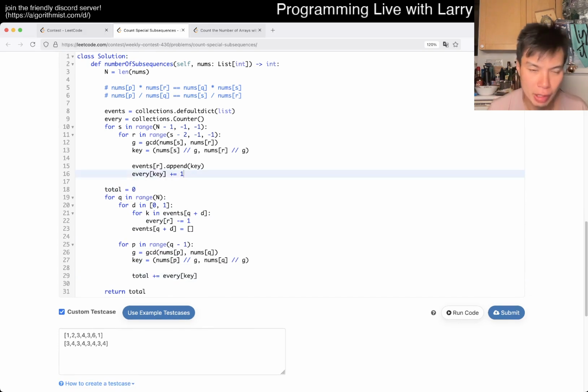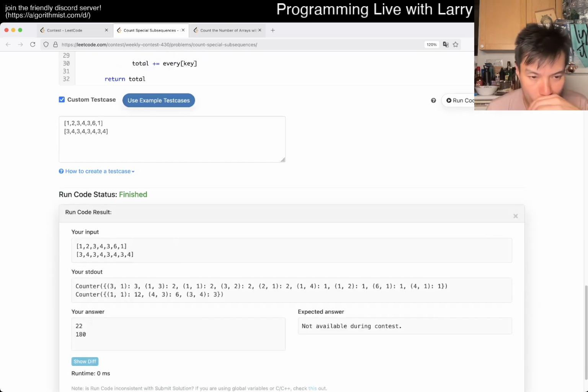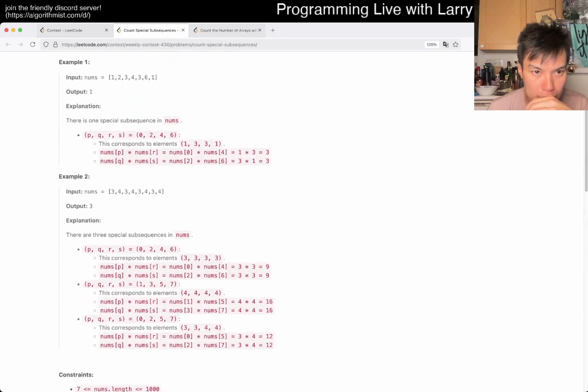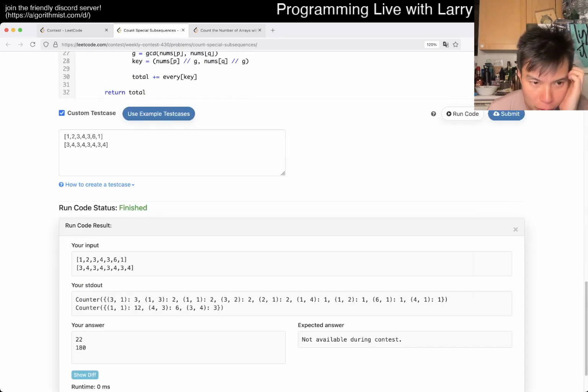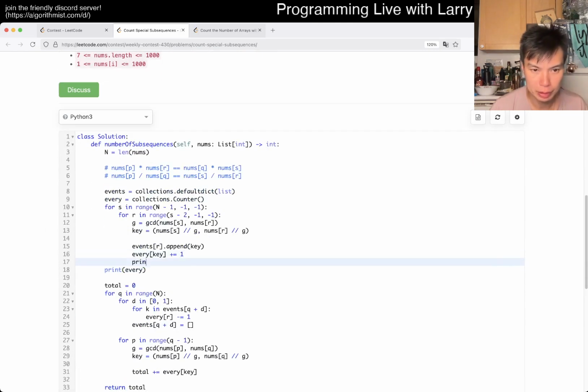I mean, I think the idea is right. I just have to debug it, I suppose. Yeah, I want to debug with a smaller thing, but that's fine. Okay. Maybe print all.